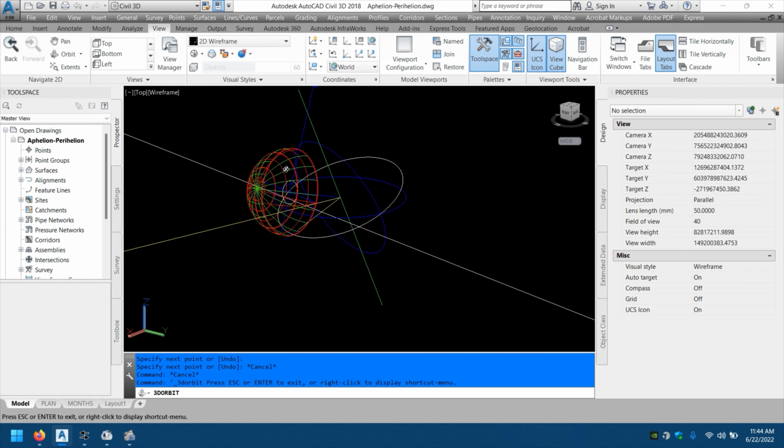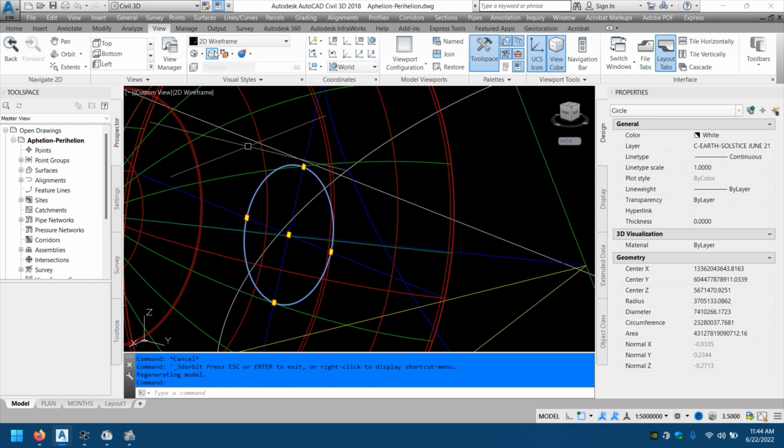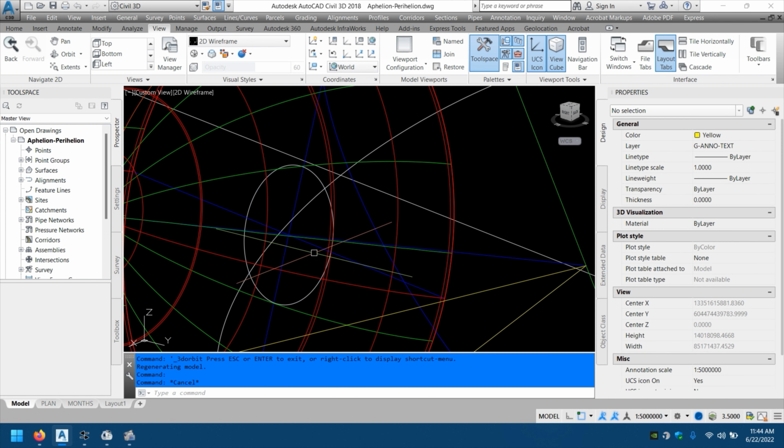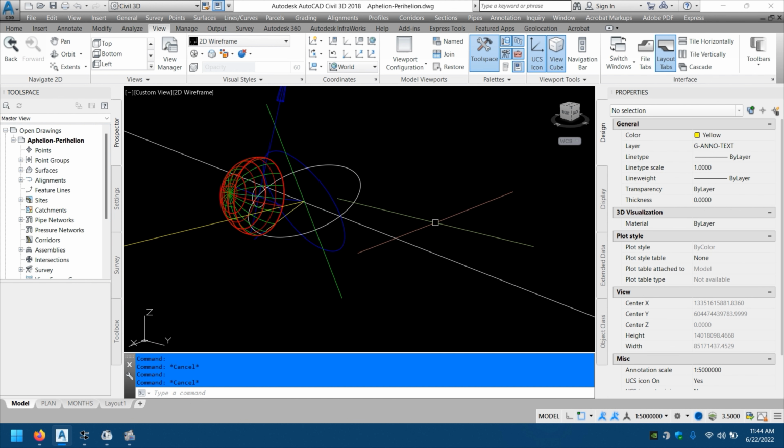So I built this dome around it. In the center of this is Manhattan. That's the east-west line. That's my north and south line with my arrow, and that's the axis.